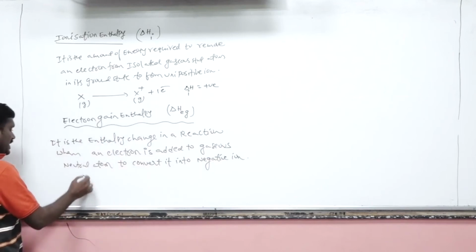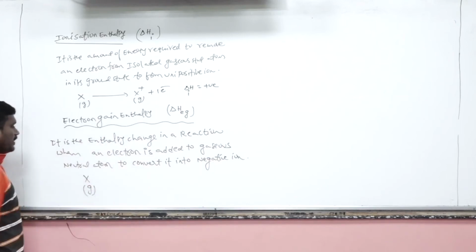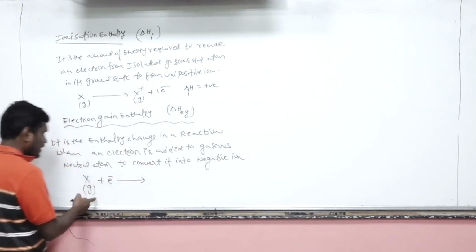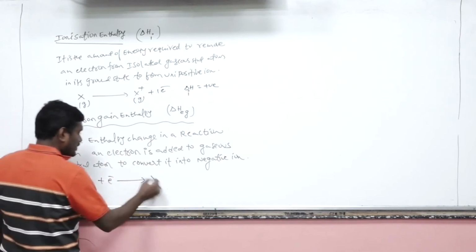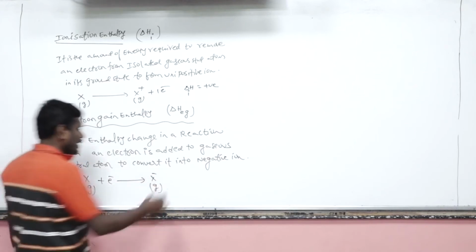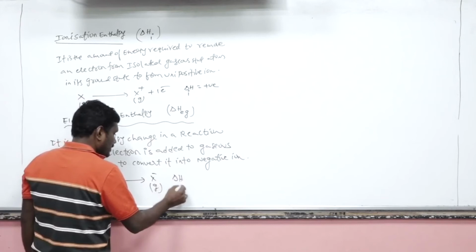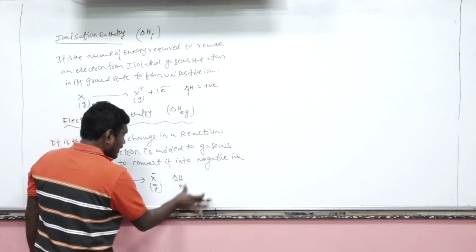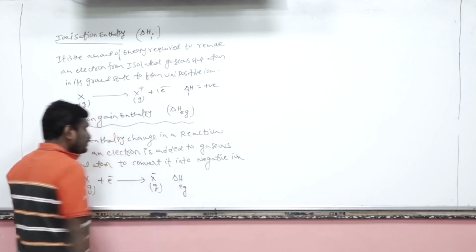Let's suppose X is a gaseous state atom in the neutral state. Now I am adding an electron to the gaseous state neutral atom in isolated form. So it converts into a negative ion, that is anion. Here the enthalpy change is known as electron gain enthalpy.